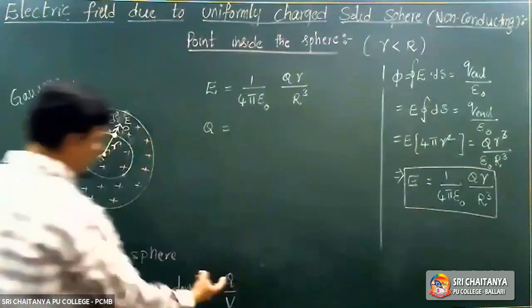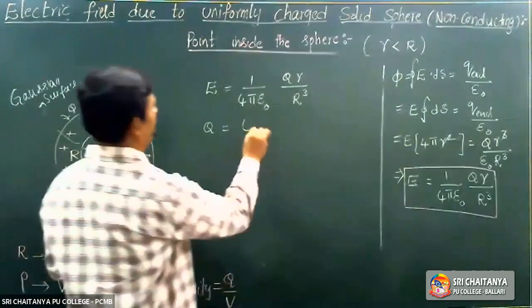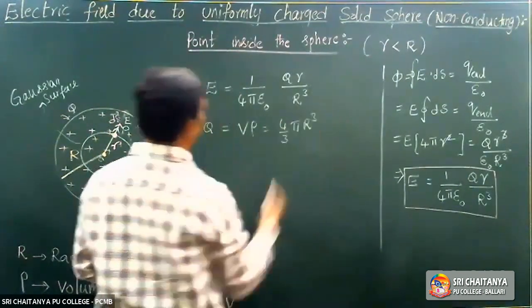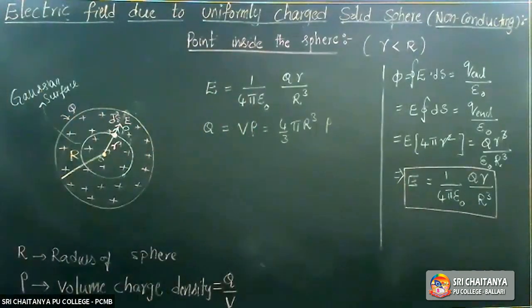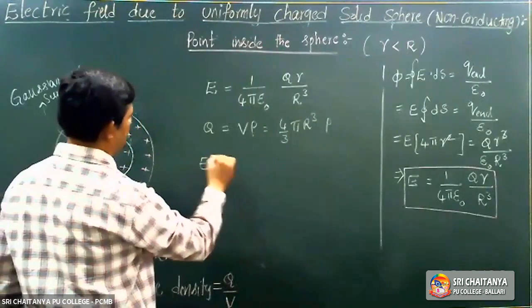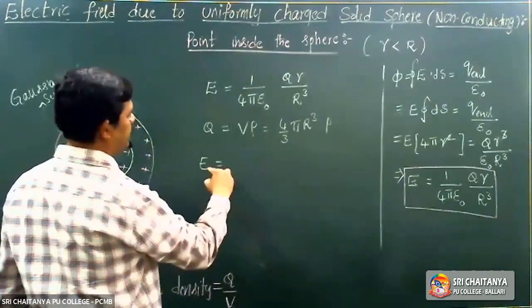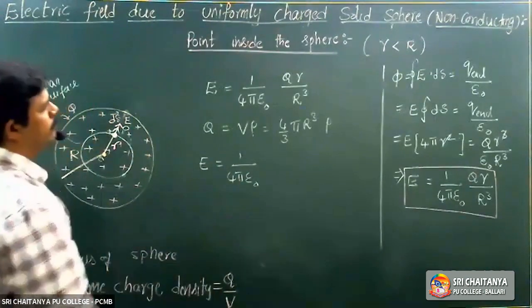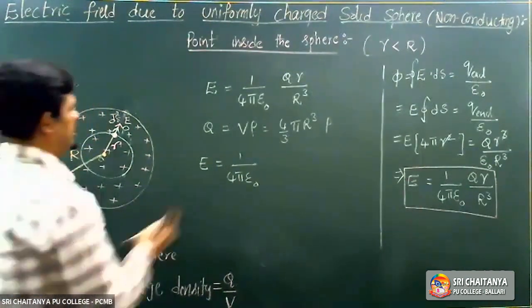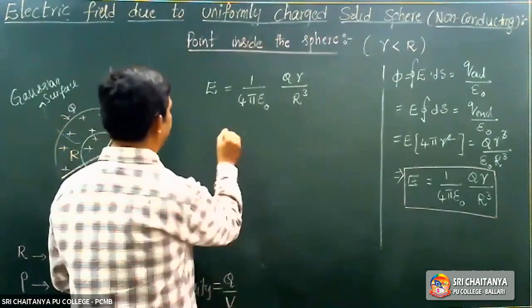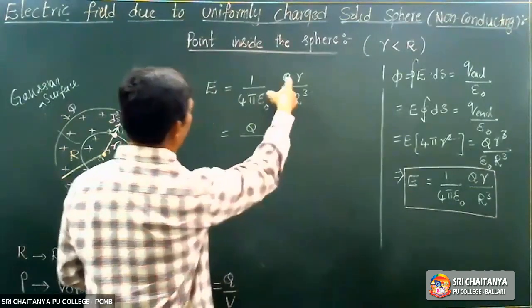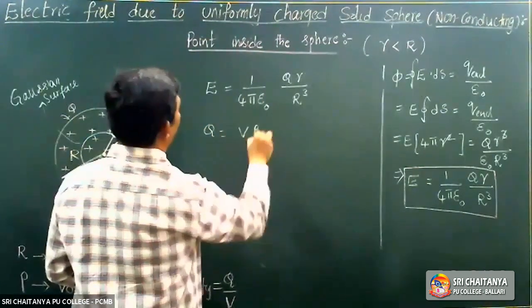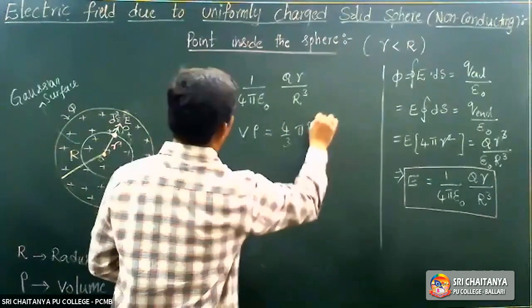We know Q is equal to V rho, V meaning 4 by 3 pi R cube rho.